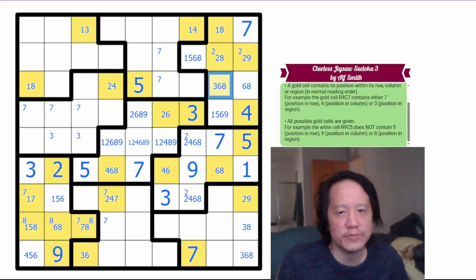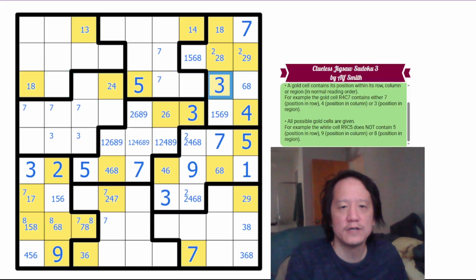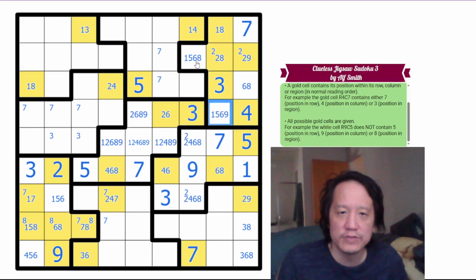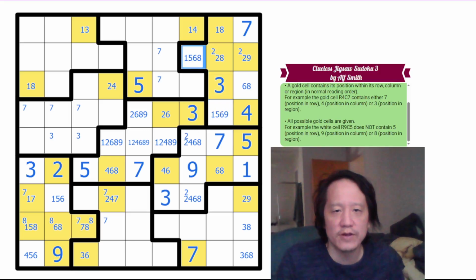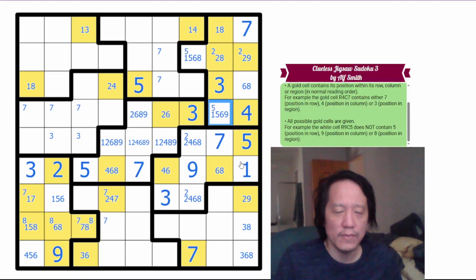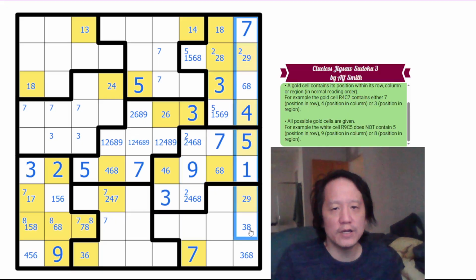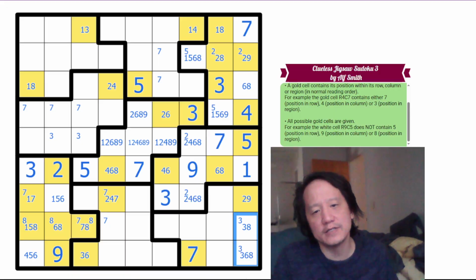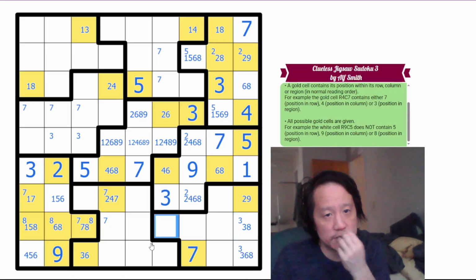And so it has to be here. So this is 3. And actually, we needed that anyways. One of these is a 5, guaranteed. So 3 in column 9 has to be one of these 2 cells. That's fine.